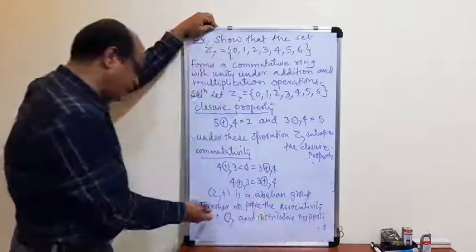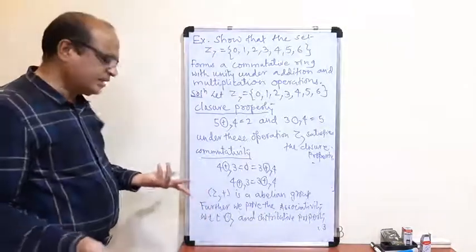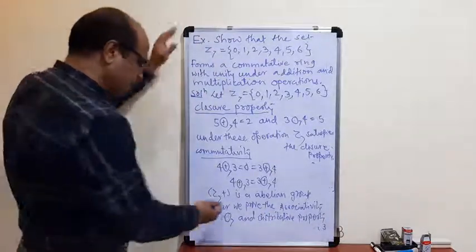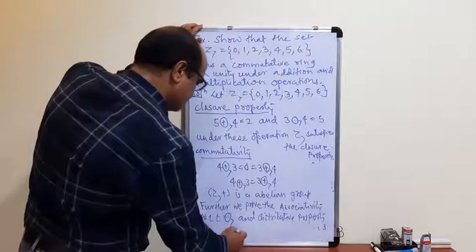You take any 3 elements, for example 4, 3 and 5, with the multiplication operation.